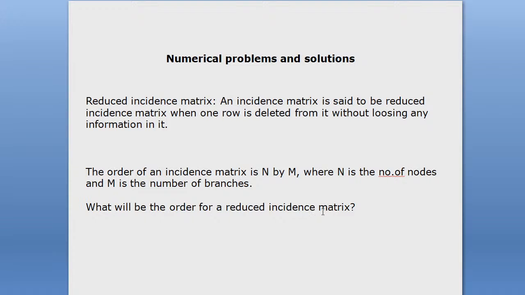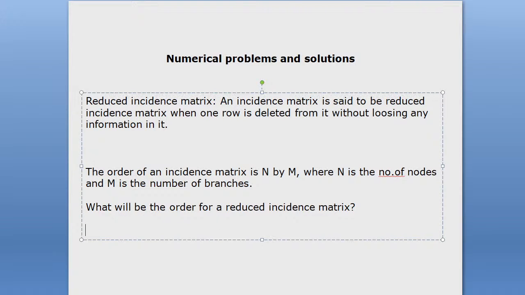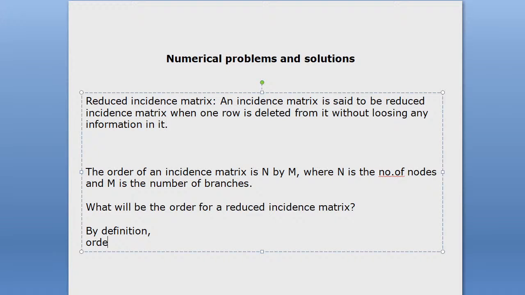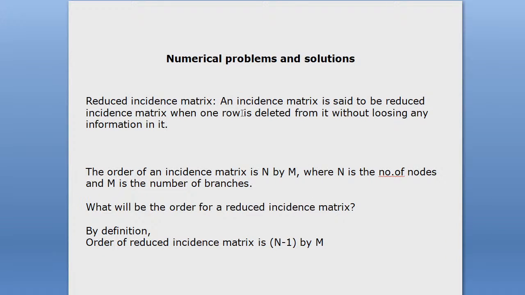One row is deleted. So by definition we can write, the order of reduced incidence matrix is capital N minus 1 by capital M, because one row is deleted, and an incident matrix is said to be reduced incident matrix when one row is deleted from it without losing any information in it.